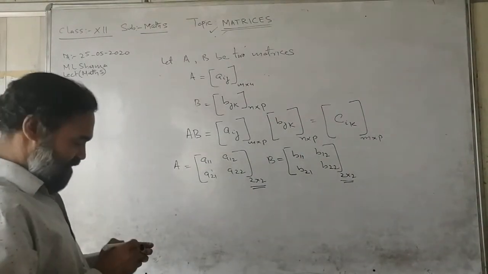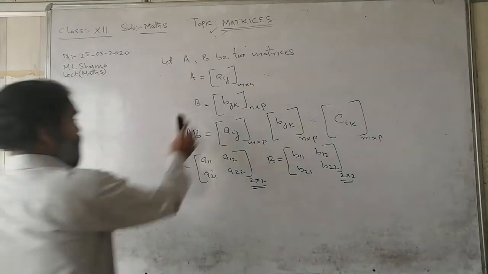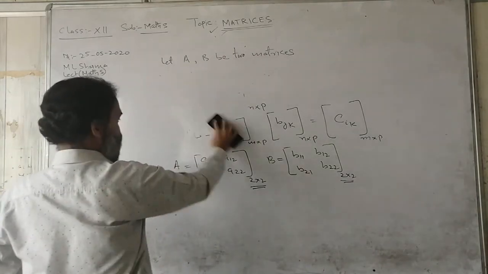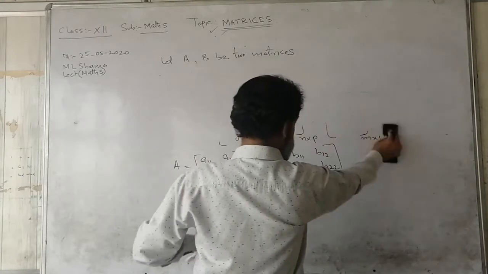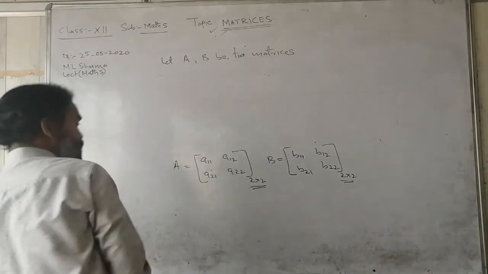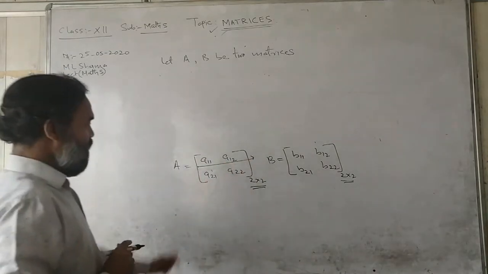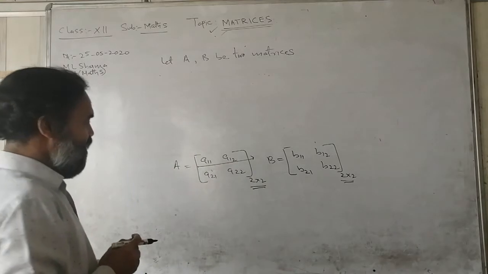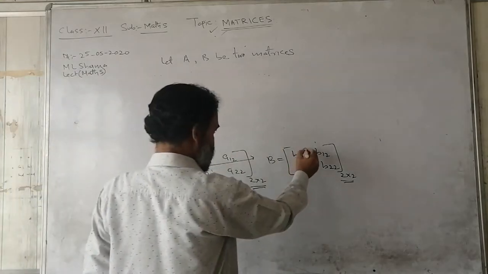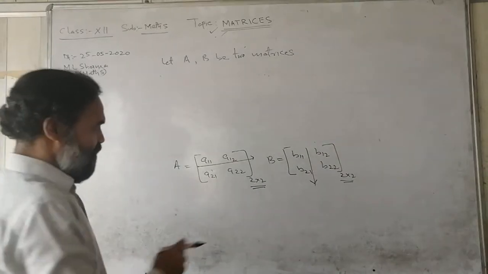But in this case, according to the rule of matrix multiplication, we take the elements lying on the first row and the elements lying on the first column.